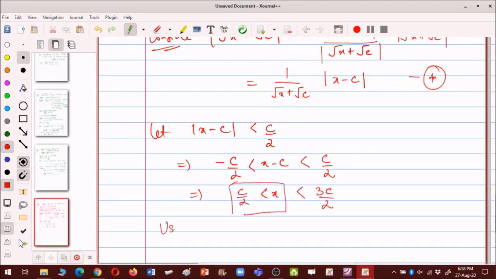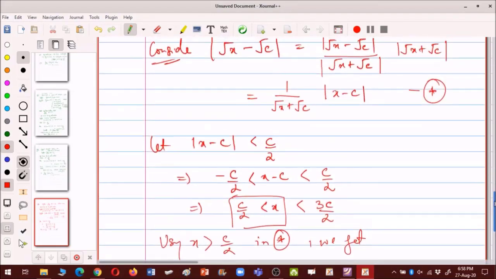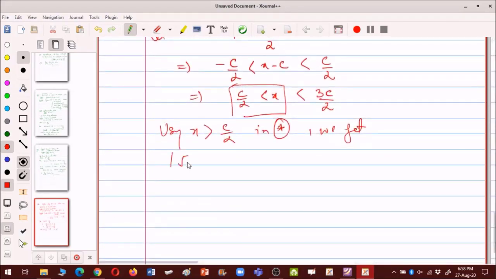So using x greater than c by 2 in star, we get root x minus root c is less than 1 by root c by 2 plus root c times x minus c.